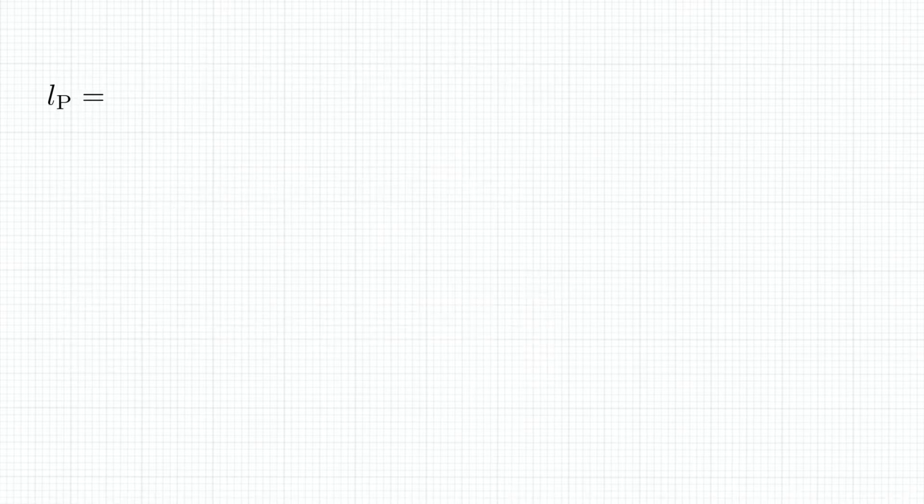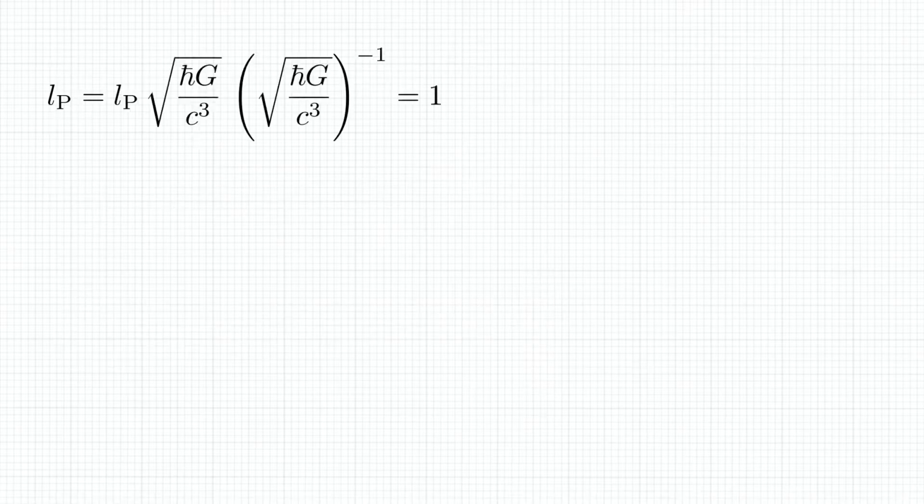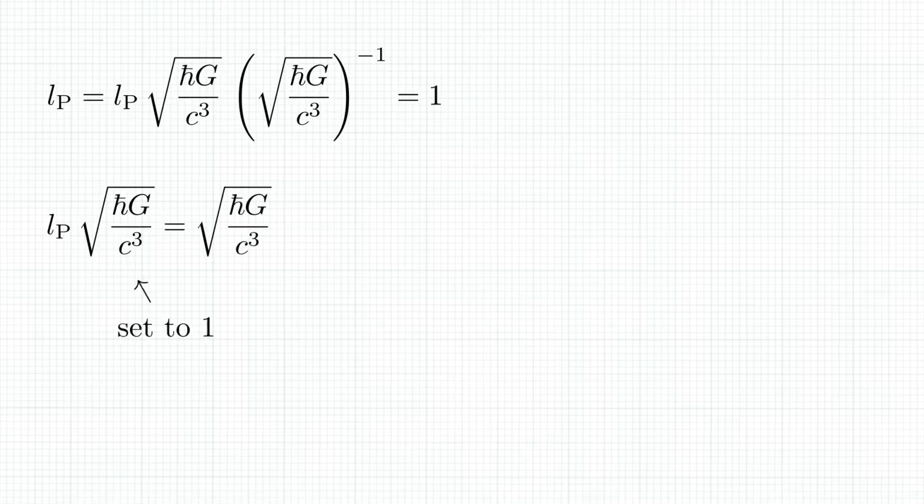By choosing the quantity on the left so that we obtain exactly 1 on the right side, we obtain expressions for the Planck base units in SI units. For example, let's write L sub p for the Planck length in meters and demand it to be 1 in Planck units. The first factor is set to 1 as it was before, and the second factor can be brought to the other side of the equation.